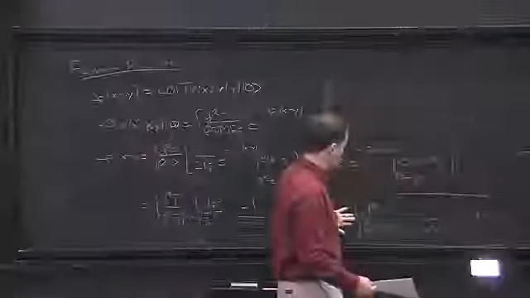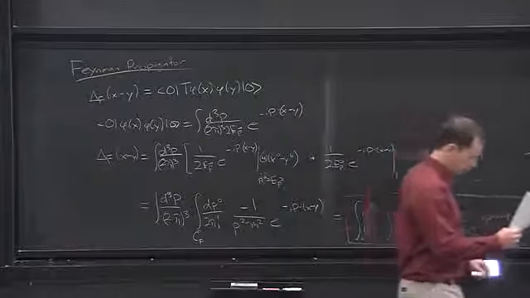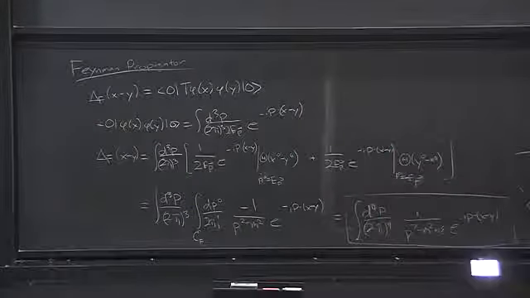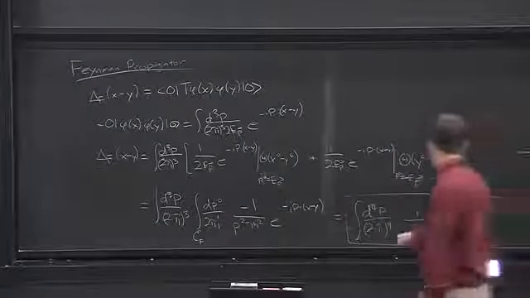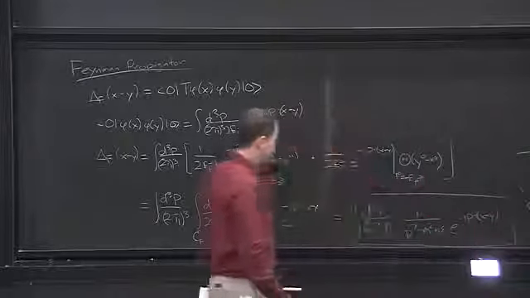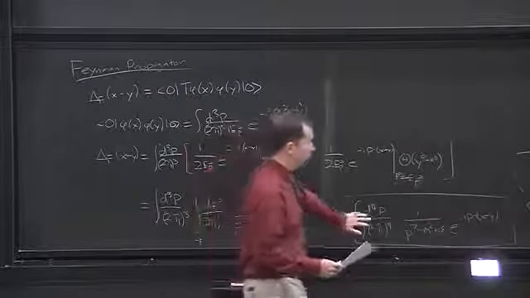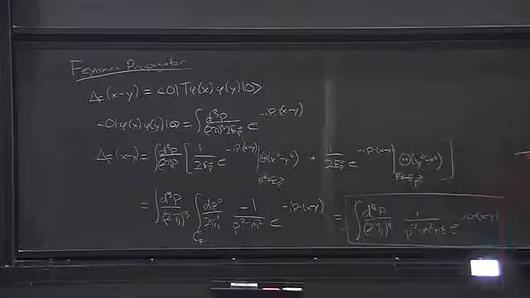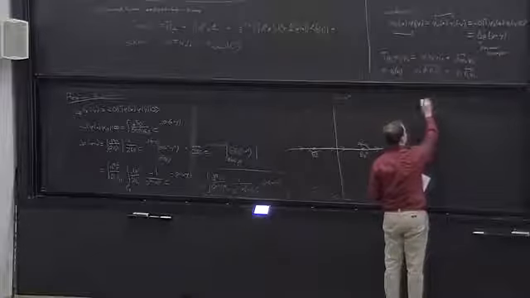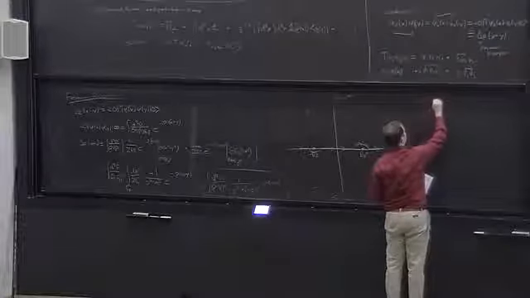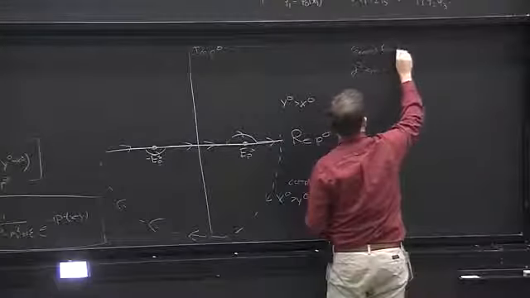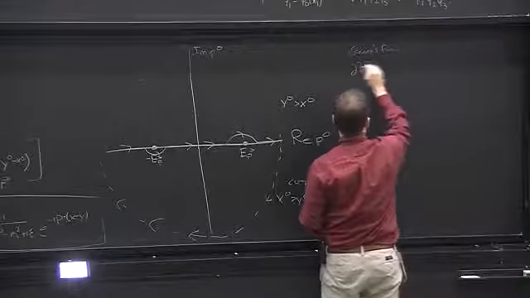One useful property of the Feynman propagator is that it's a Green's function for the Klein-Gordon operator.